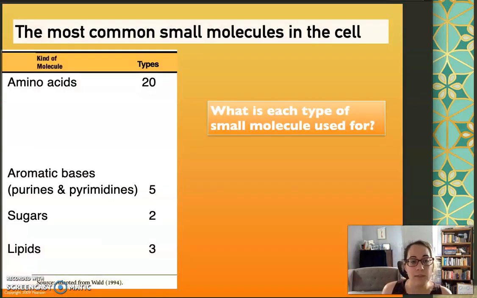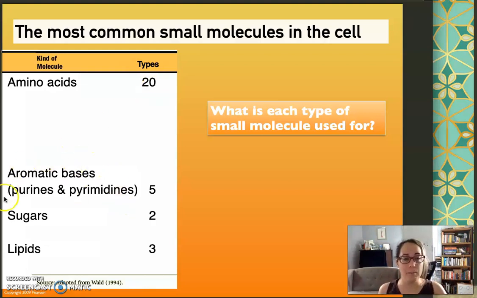Okay. So we also briefly discussed some of the small molecules in the cell. And so in this slide, again, we have a list of the important small molecules, which include amino acids, of which we have 20, at least as humans and animals, we have 20 different amino acids.